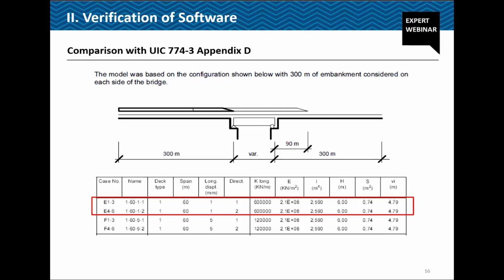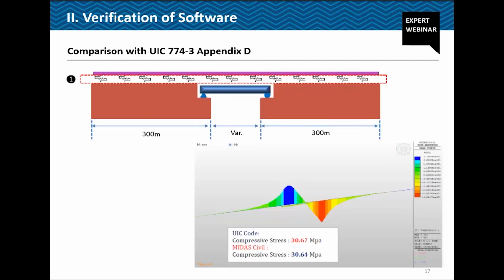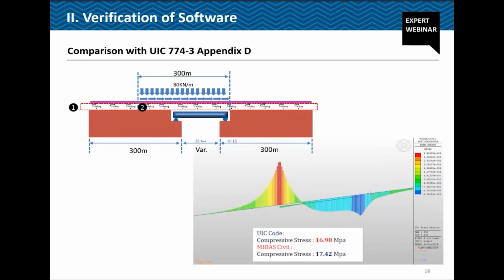And the UIC code appendix has given certain values, and we compare this loading. This is a temperature loading case. If we apply the temperature, we are getting almost similar results compared to the UIC code. And this is a longitudinal loading case, the train loading case. Also, we are getting a negligible difference in terms of tolerance.